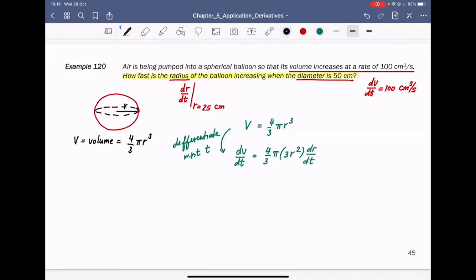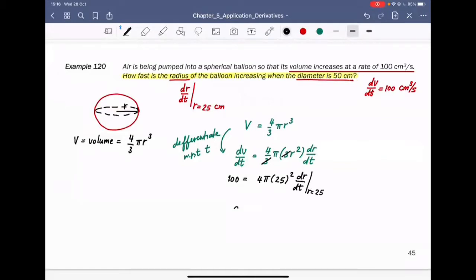And then I plug in dV/dt equal to 100, and then 4/3 pi. I'm going to cancel the 3 first because I don't like that. So I have 4 pi r squared. So what is r squared? r is equal to 25, right? Because I want to compute dr/dt where r equals 25. Wow, that is pretty simple.